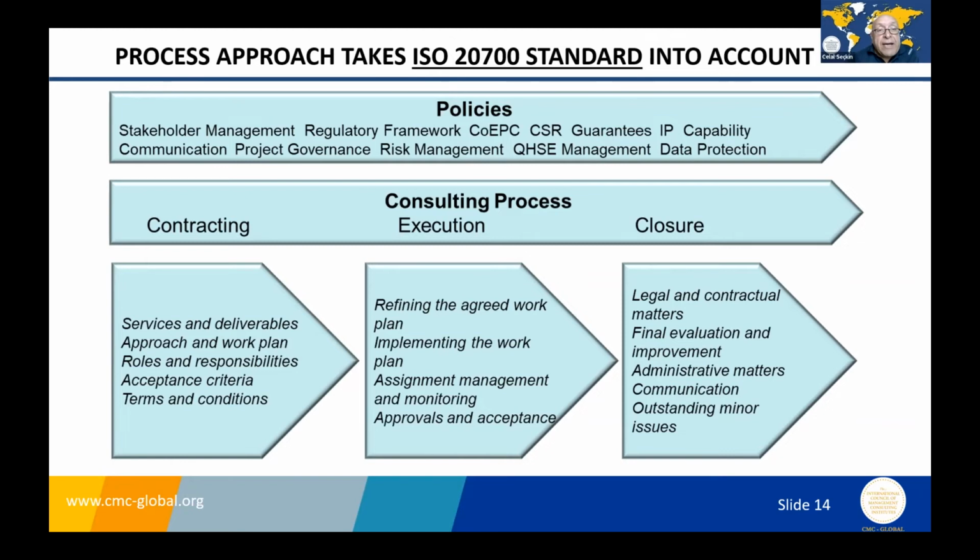And as a backbone of the project itself, the consulting process, having contracting, execution, and closure, is described in full detail in ISO 27700. And then we have the services, approaches, roles, and refining the agreed work, etc. These are the details of ISO 27700 as part of the contracting, execution, and closure.